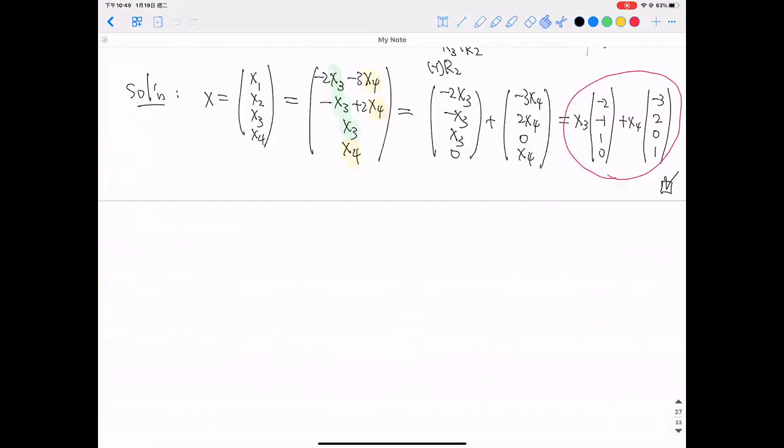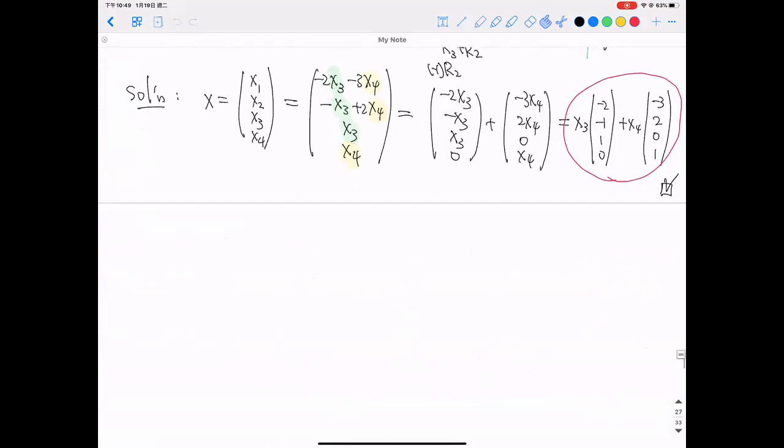In the previous lecture, we considered the notion of spanning sets.